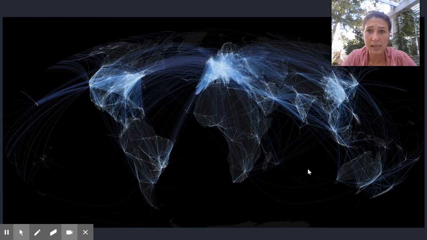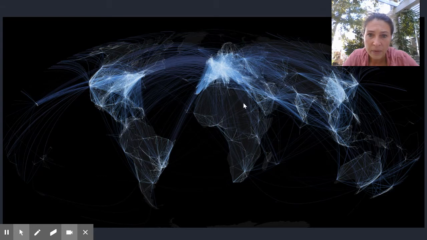You can see a lot about who's most connected and who's least connected. Here in the United States, all the flights are going all over the place, but a lot of our flights go to Europe and back and forth. A lot of these flights are going over here, probably China, most likely Japan. This northern hemisphere is just utterly connected with one another.